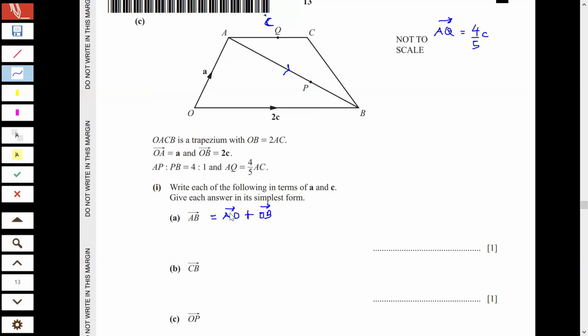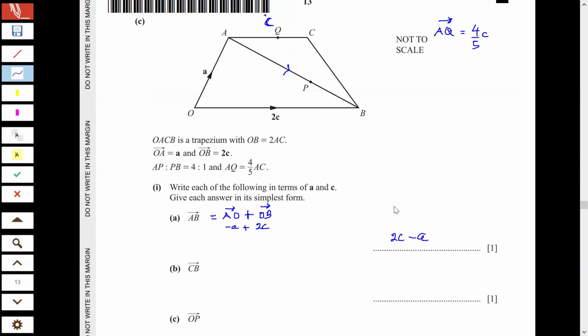Okay. And vector AO moving in the opposite direction becomes -A plus vector OB, which is 2C. It's given here, OB is 2C. So the answer is going to be negative A plus 2C, or we can also write it as 2C minus A. Now let's move on to vector CB.